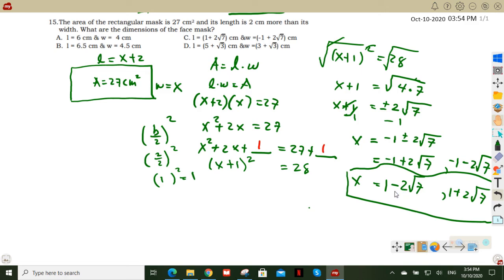If you make this positive, you multiply this with negative, but you also have to multiply with negative 1. So that will be negative 1 plus 2 square root of 7. So actually, just go back here. That should be letter C. Okay, for this, that's letter C. I hope you learned the explanation for this assessment.